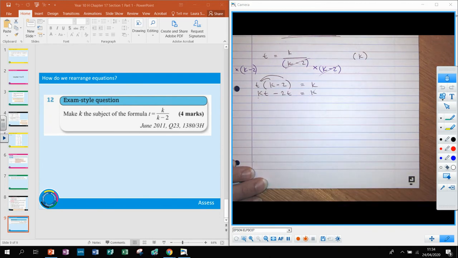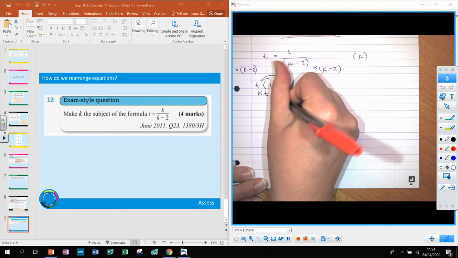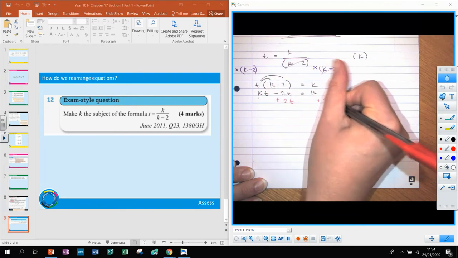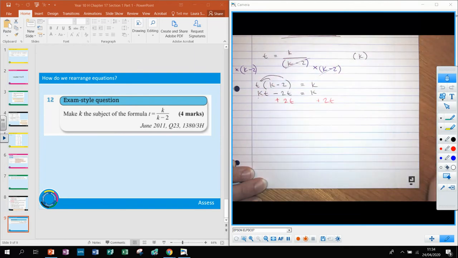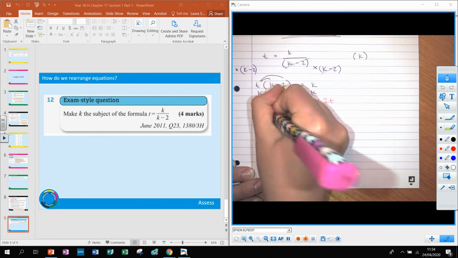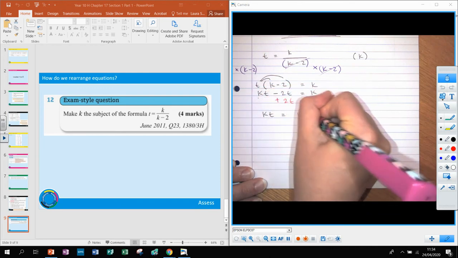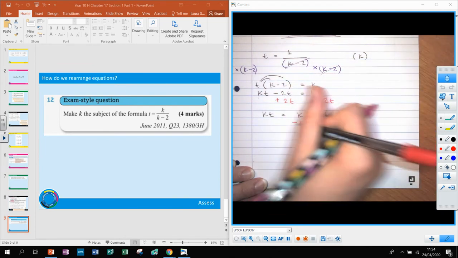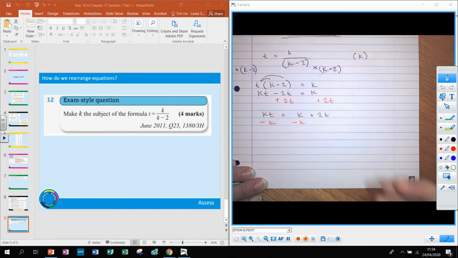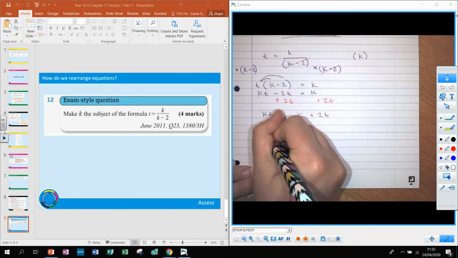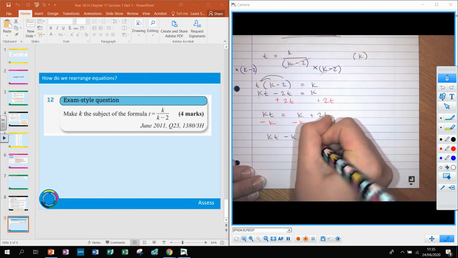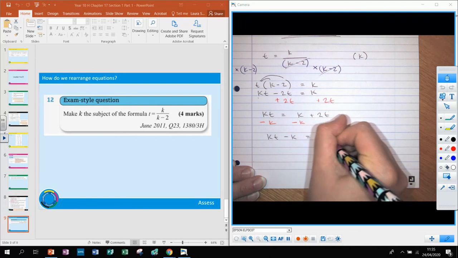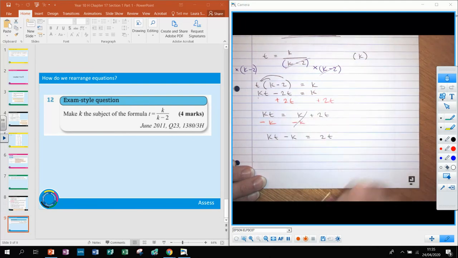So we're going to do this in 2 steps. We're going to add the 2t first to both sides, giving us kt is equal to k plus 2t. And then at that stage, we can take away the k from both sides to get the k's together. So we get kt minus k is equal to 2t.